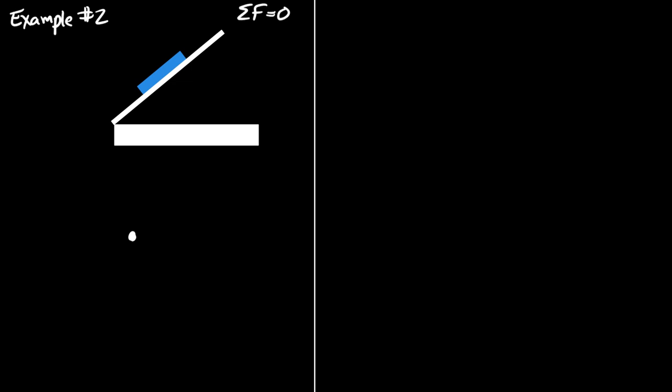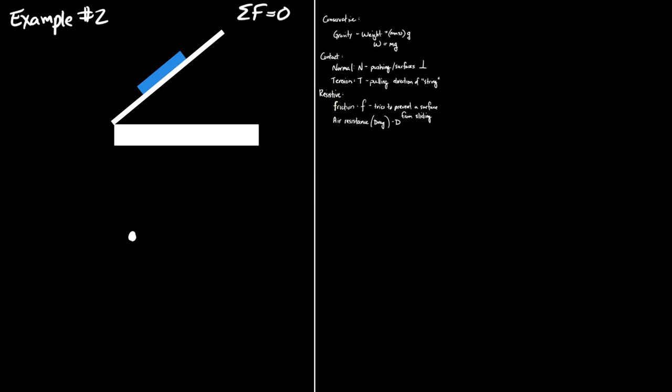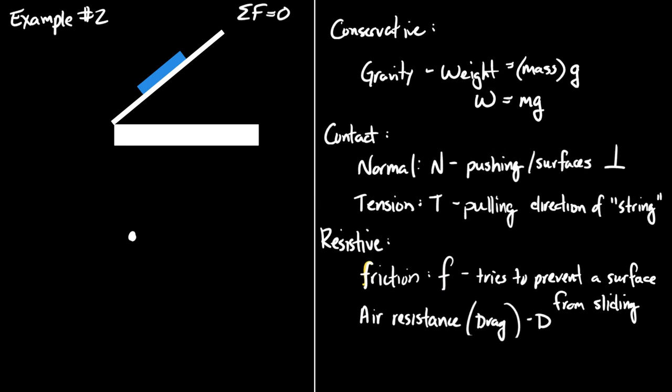So, I'm going to start by saying, is there a conservative force acting on the object? Yeah, there always will be. So be the smart person and jump on that one and say, yeah, there is. There's got to be a force downwards. I'm going to call that weight.